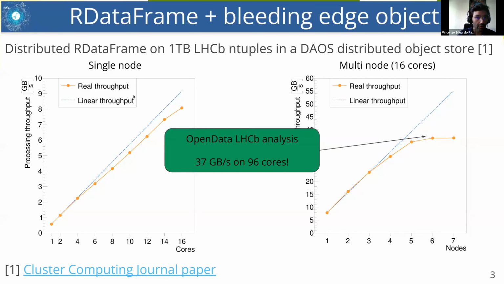And we have here on the left the information coming from one single node, so scaling out this LHCb analysis up to the full capacity of a single node of the cluster, which was 16 cores. And you could see that we had a practically linear scaling all the way through. And when multiple nodes of this Intel DAOS cluster were used, we reached a plateau at some point. But the peak throughput here is already quite high.